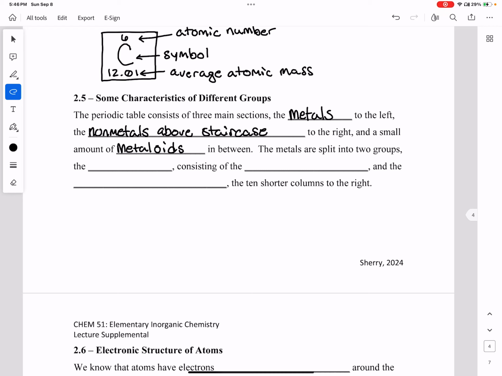So the metals are split into two groups. There are so many of them, but we have two distinct characteristics between these groups. There's the main groups, and those consist of the first two columns.